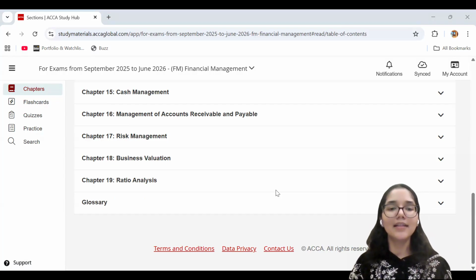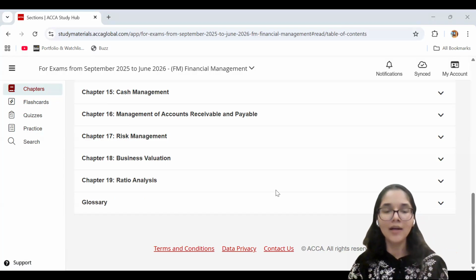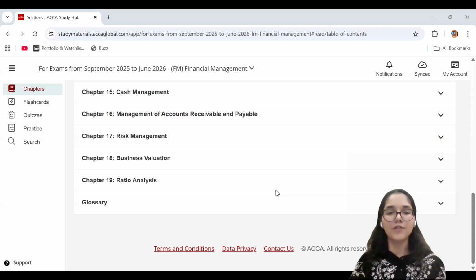So the reason behind this is that chapter number 19 is something which most of you would already be knowing. We will just learn how to solve these numbers. The formulas, I'm sure most of you, since you are doing your ACCA, you're all commerce students, would be very much familiar with the ratios that we are going to learn as a part of this chapter.